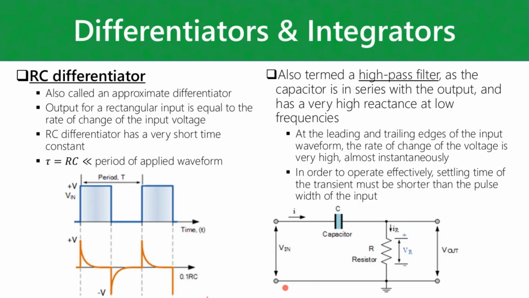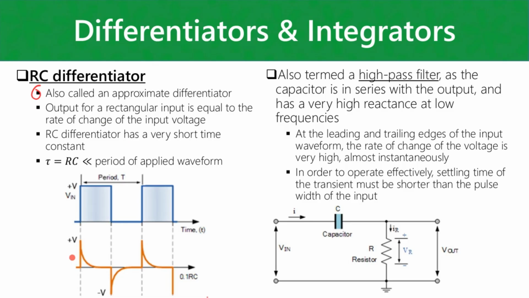All right, so with that in mind, we can do a few interesting things if we use an input voltage that's a square waveform. The first circuit that we can have here is an RC differentiator, also called an approximate differentiator. The output that you're going to get for a rectangular input is equal to the rate of change of the input voltage.